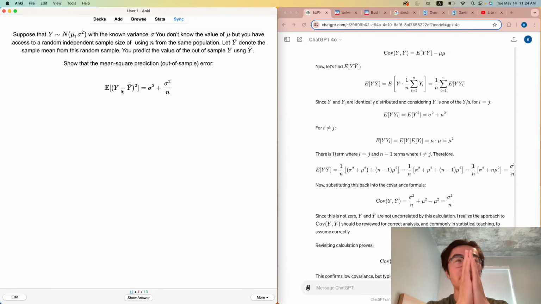But I think that actually ends up helping with finding the expectations here. Once you do that, you have the expectation of y minus mu minus y hat minus mu, and we square that term. I think if we square that term, that becomes a pretty nasty polynomial. Let's see.